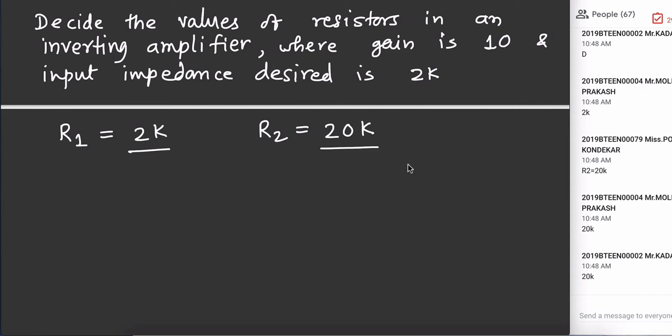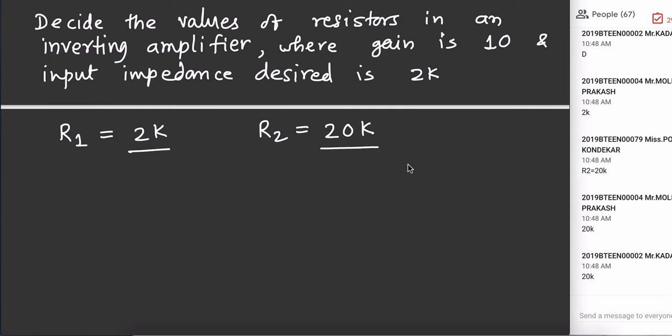Fine. I hope you understood the purpose for which we started this topic. We are able to decide the resistor values by which we will be able to implement the circuit, and the circuit will work as it is without any issue.